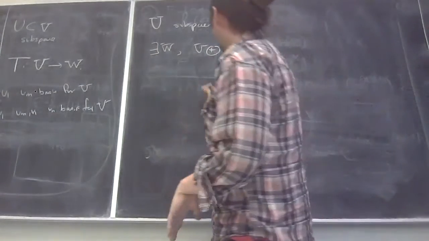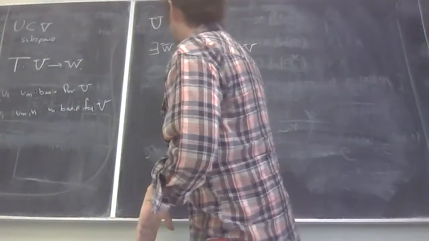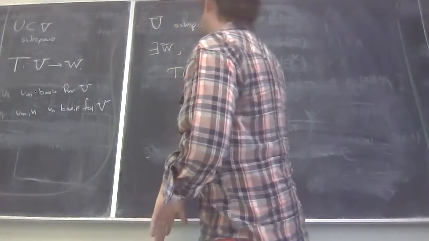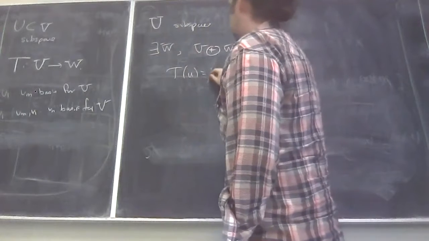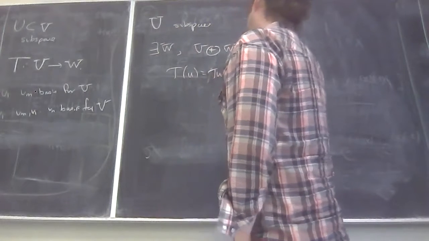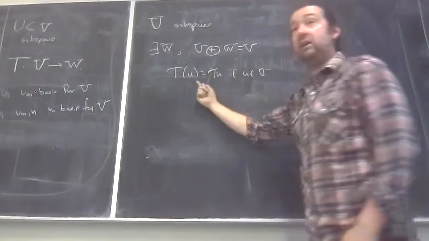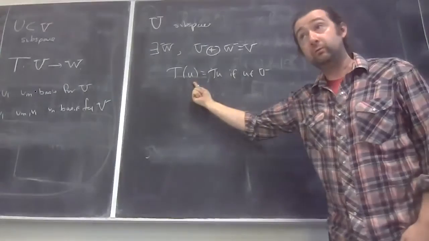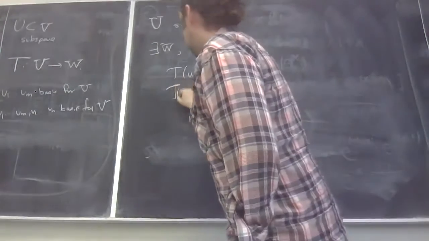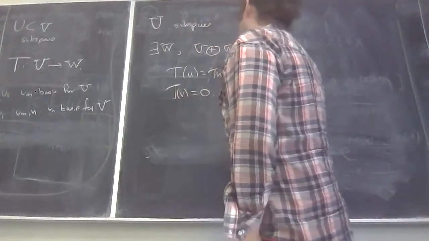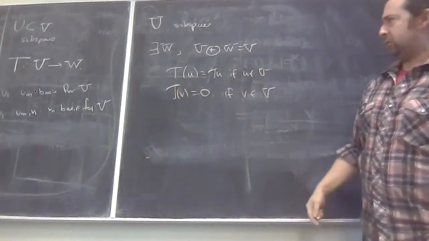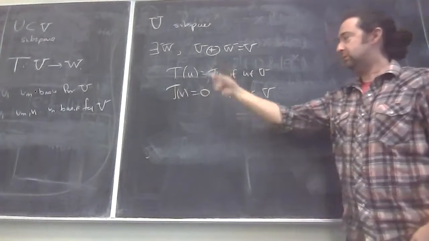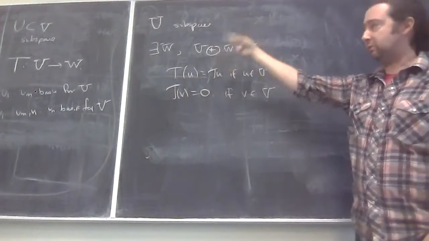Like, you've got some vectors, some part of it is in W, just throw it away. Why does this work? You set T so that T of U is just equal to T of U if U is in U, because that's what T does. T knows what to do with vectors in U. And T of V is equal to 0 if V is in V. So on, no, not V, W, sorry. U is the subspace, V is the vector space, W is the output.